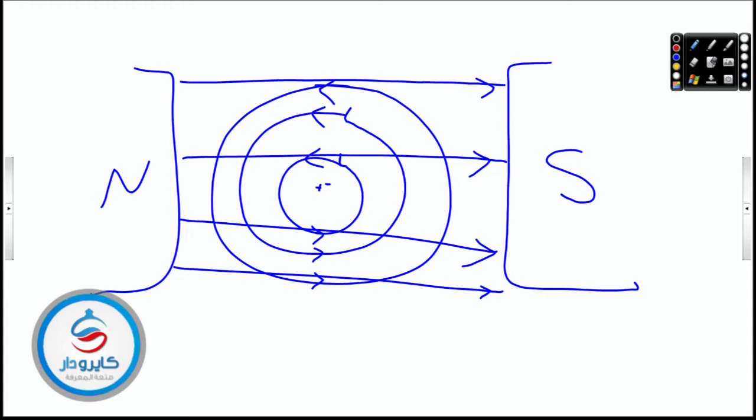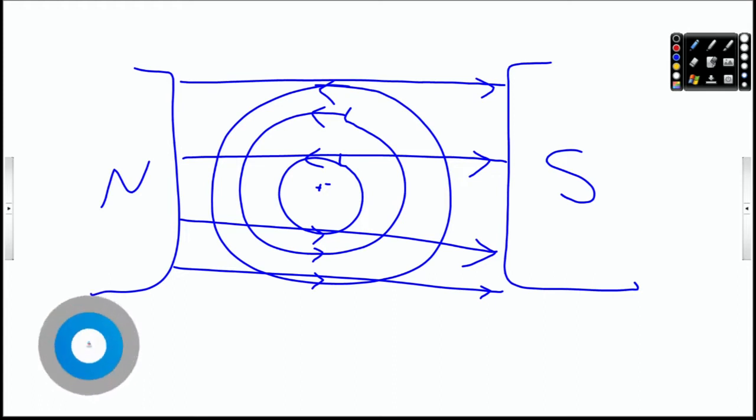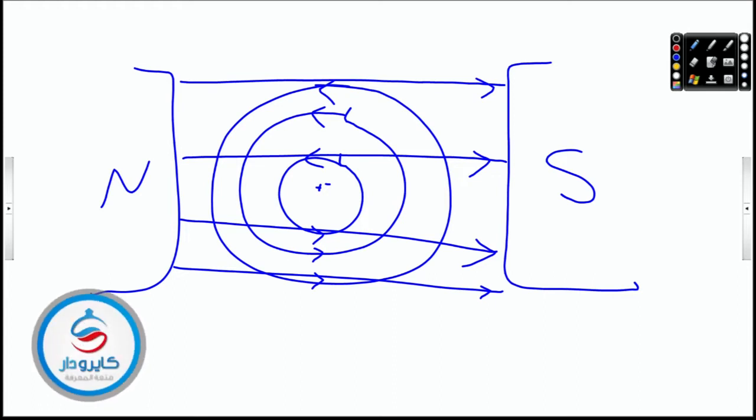Above the wire, the two fields اللي هو circular field والuniform field in the opposite directions. Therefore, they cancel each other, or the B total above the wire is the subtraction between them, B1 minus B2. And below the wire, the two fields are in the same direction. يعني ال B total below the wire equals B1 plus B2.